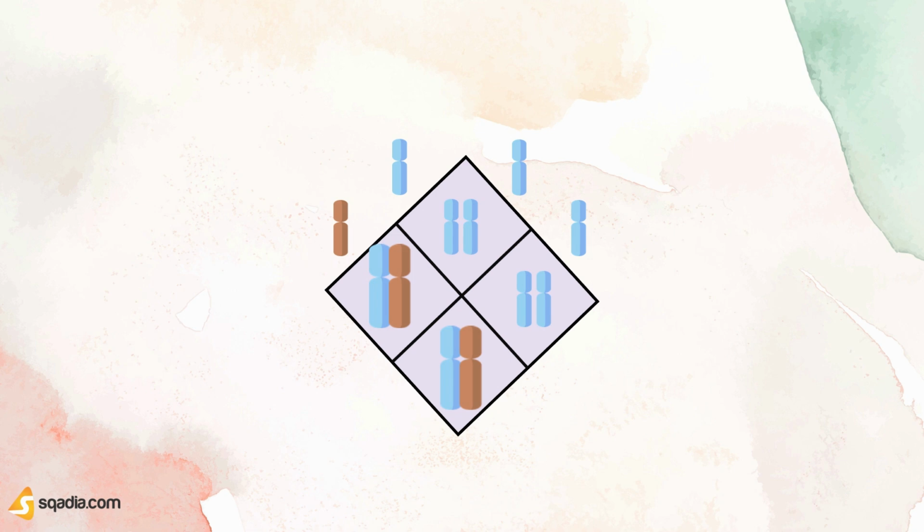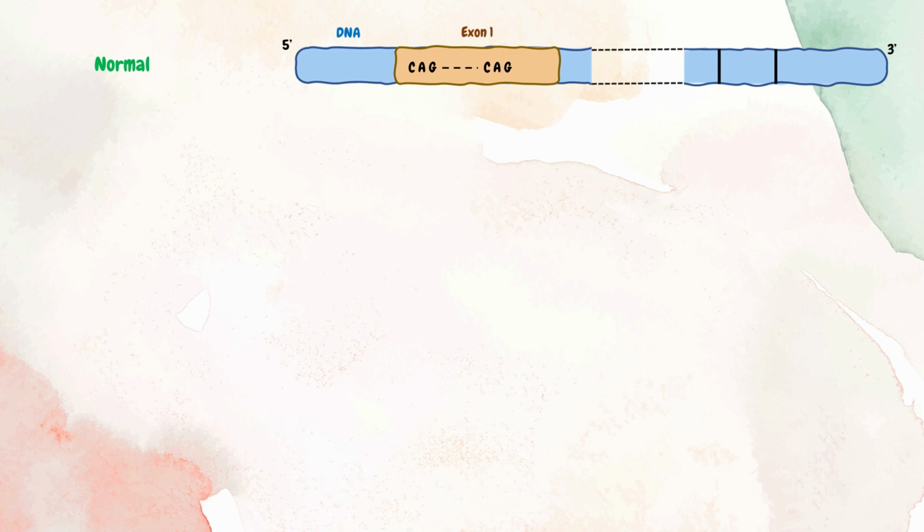Let's discuss Huntington's disease phenotypes. If the number of CAG repeats is less than 26, the phenotype is normal, and the repeats are stable throughout meiosis.